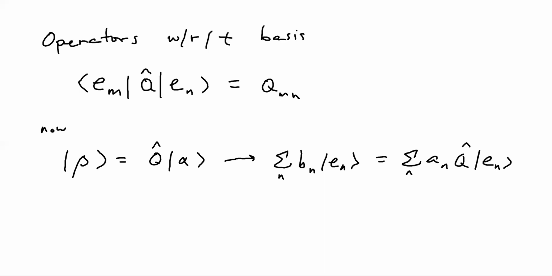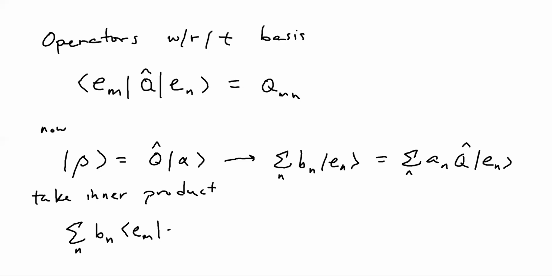So if we take an inner product with respect to, or with e sub m, that equation to the right, I'm going to say that this is just a number, so it doesn't need to be in the inner product. So we've got e m, e n on this side. And then we're going to take an inner product over here.